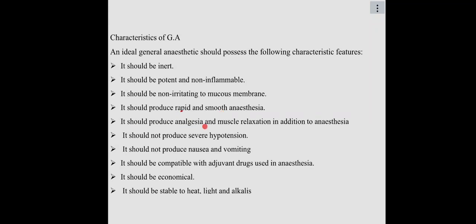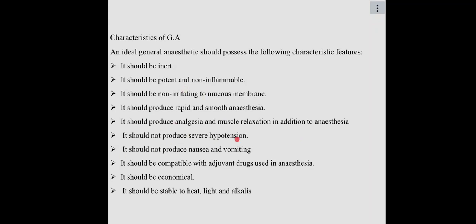It should produce analgesia and muscle relaxation in addition to anesthesia. That sometimes does not happen, but if it does not happen, then you can go for other specific drugs that can produce those characteristics. But if you could have one that could produce all that, all the better. And as I've said again, you should be able to cover a lot of it in pharmacology.